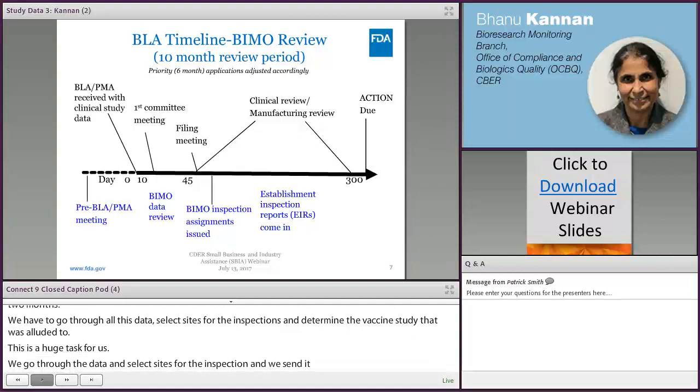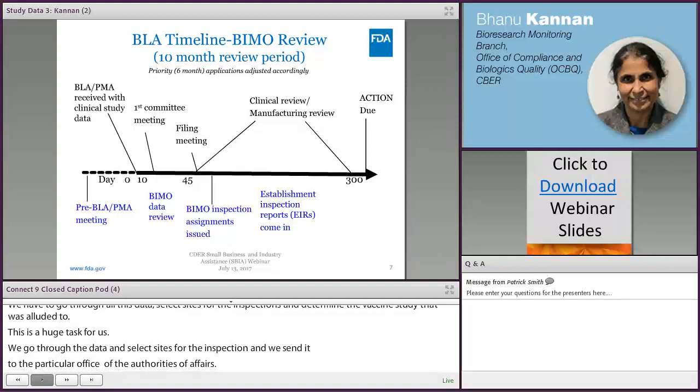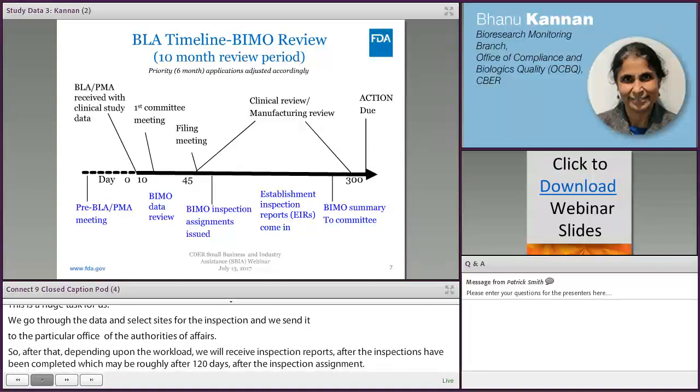So after that, depending upon the workload, we will receive our inspection reports after the inspections have been completed, which may be roughly 90 or 120 days after we issue the inspection assignment. So after that, we review the inspection reports, and then we draft a summary, our recommendation to the committee based upon the inspection results.